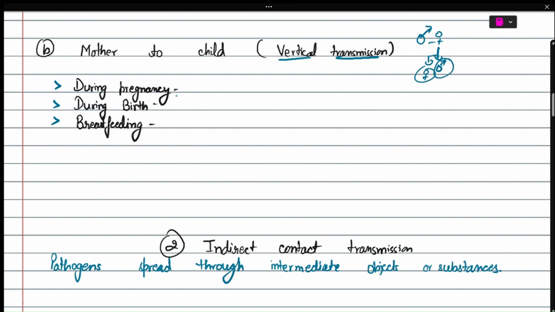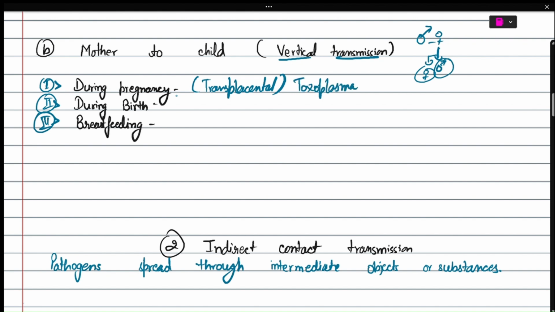There are basically three routes via which they can transfer to the offspring or fetus. The first is during pregnancy, and you will also learn about it in transplacental transmission. Like we have the parasite Toxoplasma gondii.